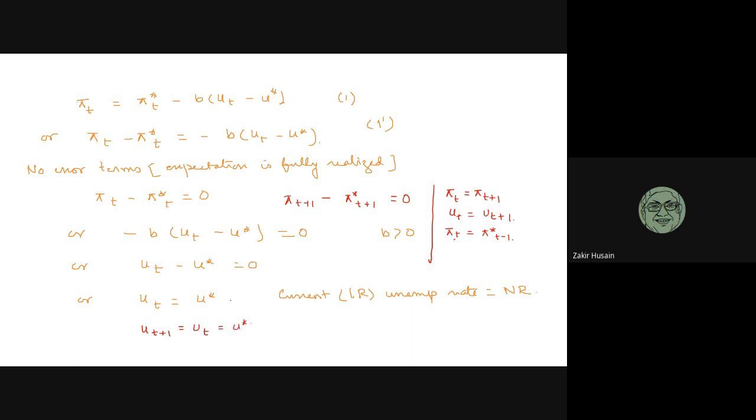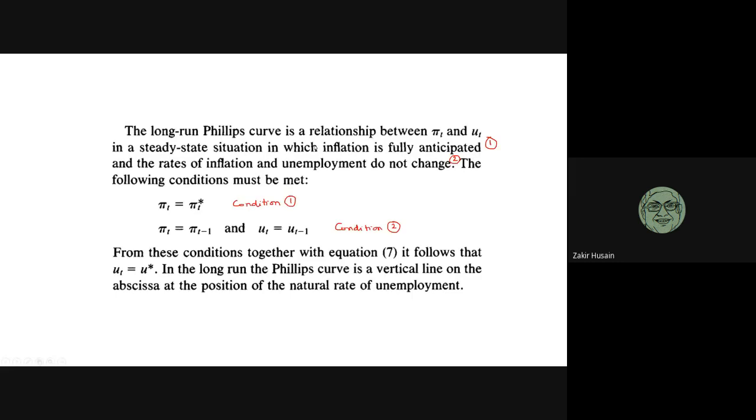Therefore, if these three conditions are satisfied, inflation is fully anticipated, rates of inflation and unemployment do not change, you will always have ut equal to u star.